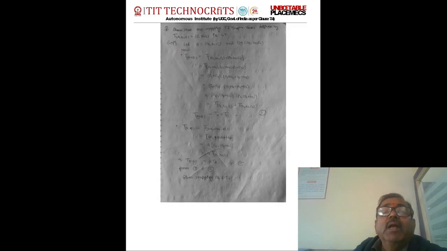Another example: the mapping T from V3 to V2 is defined as T(a, b, c) equal to (c, a plus b). Prove that it is a linear transformation.